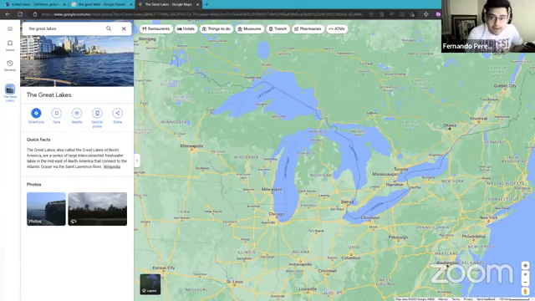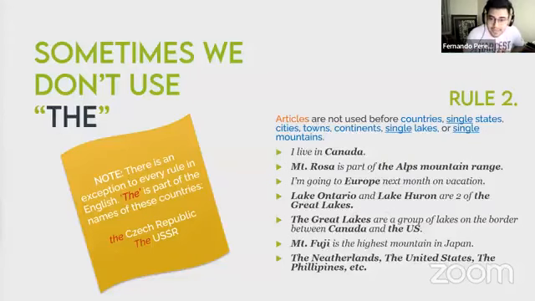Because it's plural, you need to use the article the. But when it's singular, you only use the name. Like Caesar says, it is a name. So you don't go to the Jennifer or the Jonathan. Also, you don't go to the Great Ontario.